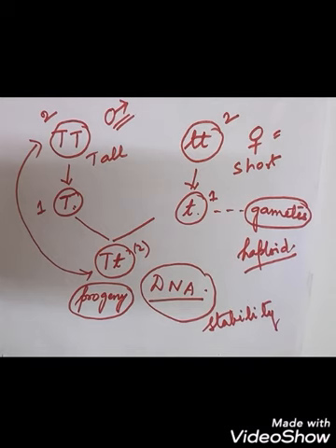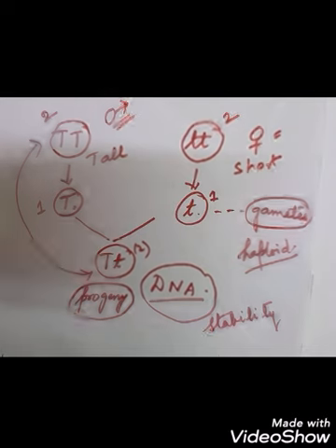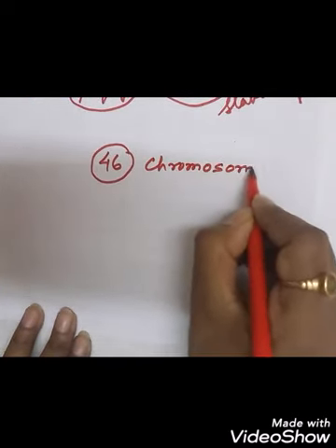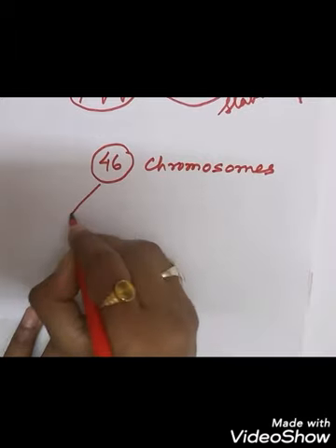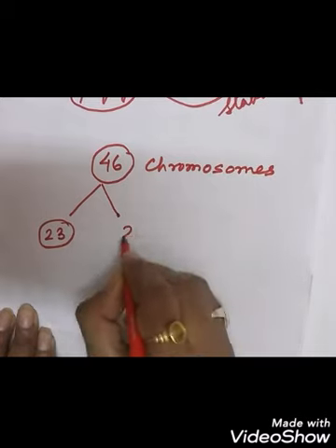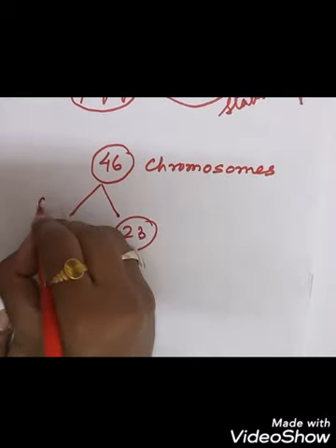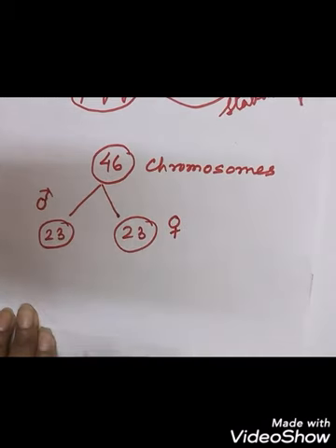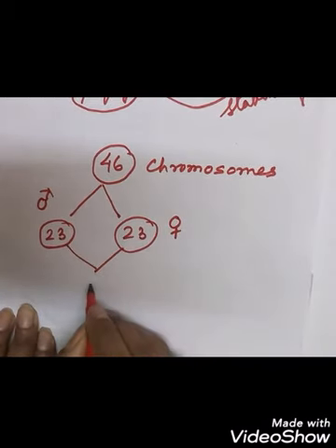Now I'll show you by using the chromosome number of the human being. 46 is the total number of chromosomes for a human. When gametes are formed, this is the male gamete and this is the female gamete. They unite to form the child.